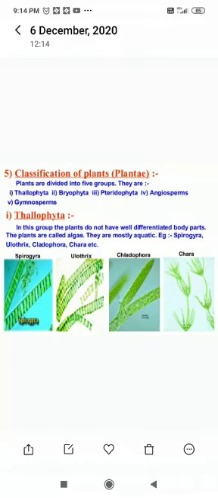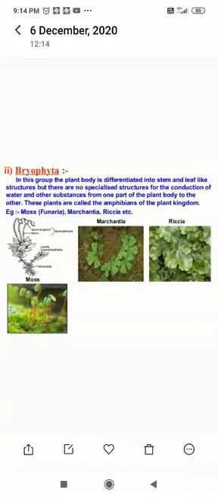Okay. And the next main group of the Plantae kingdom is Bryophyta. In this group, the plant body is differentiated into stem and leaf-like structures. But here there are no specialized structures for the conduction of water and other substances from one part of the plant body to the other.